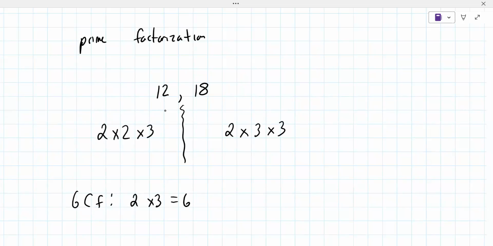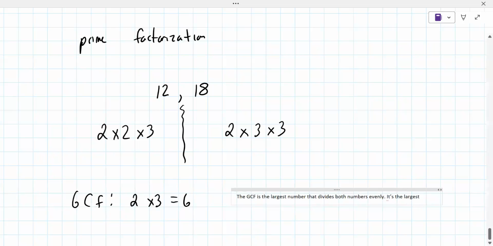Yep. So here in words, here's what the GCF actually is, because this is what I was looking for. The GCF is the largest number that divides both numbers evenly. It's the largest number that goes into both.